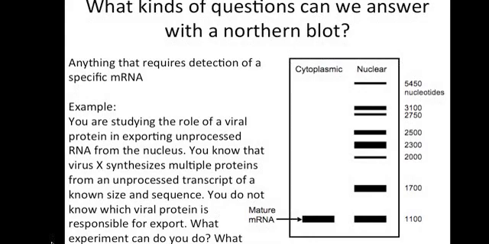So that's exactly what I was going for. So here you're seeing what was in the cytoplasm, what is in the nucleus. You know this transcript is what's exporting, you just don't know how. So if you make your probe and you do your northern, you see this in your cytoplasmic fraction and all this stuff in your nucleus, which is probably just different splice variants or whatever, because viral genes tend to do that.